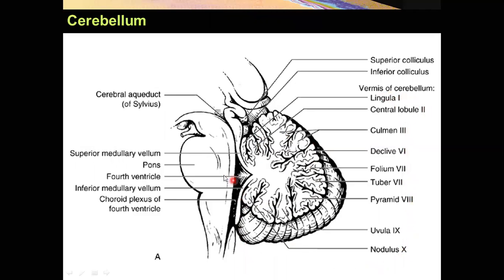Again, here is the fourth ventricle. This is the inferior medullary velum, superior medullary velum. Right behind the superior medullary velum, you have the lingula. Right behind the inferior medullary velum, there is the nodulus. So this might help you to list parts of the superior vermis and inferior vermis.